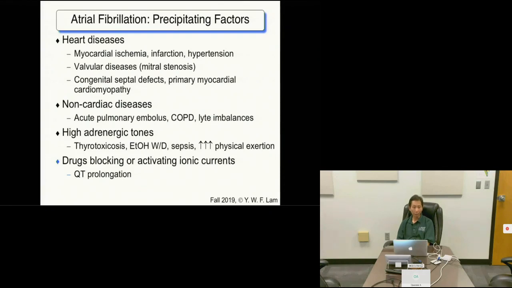And then I think you probably have already had a significant amount of lecture material on antiarrhythmic drugs. One thing you should know is that most antiarrhythmic drugs, in addition to some other drugs, can prolong the QT interval, as a result of blocking ionic currents, especially the IK current.